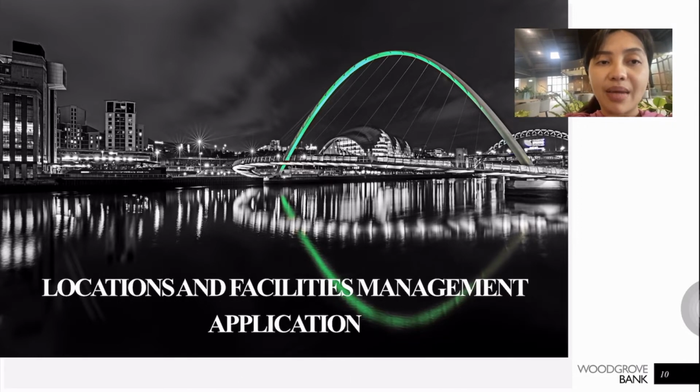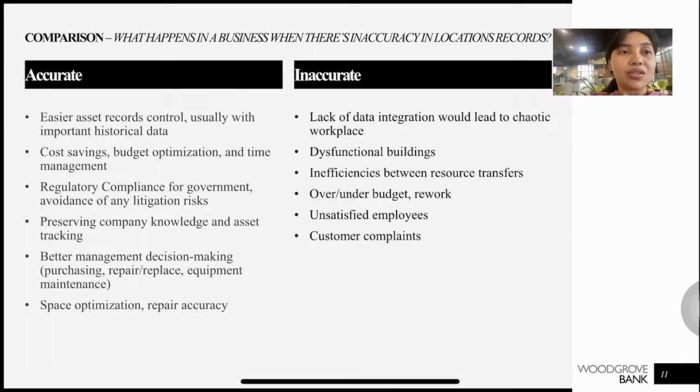Locations and facility management application. What happens in a business when there is inaccuracy in location records? Here's a comparison of the advantages and disadvantages. But overall, lack of data integration would lead to a chaotic and dysfunctional workplace.